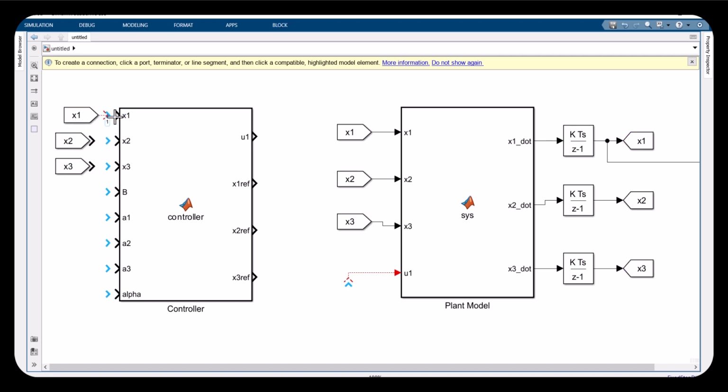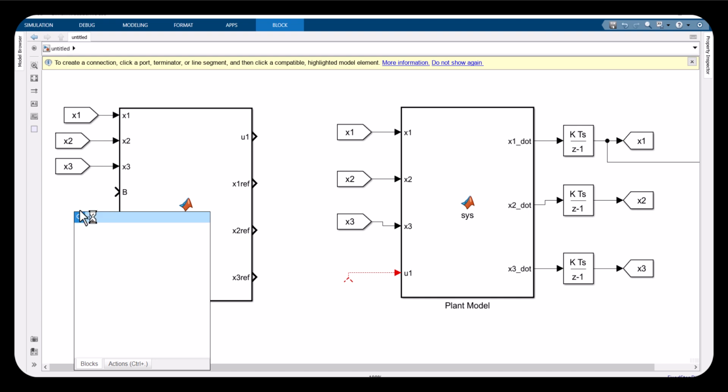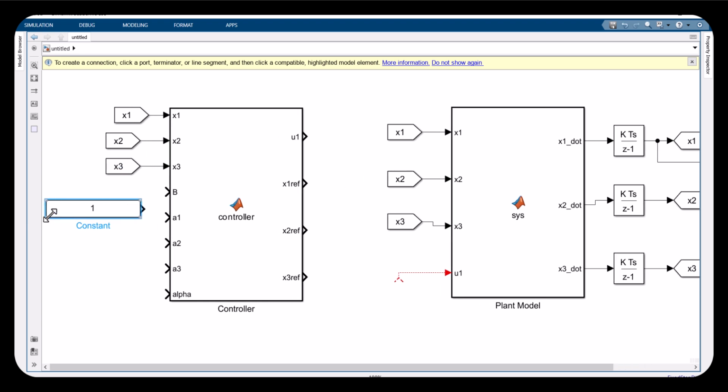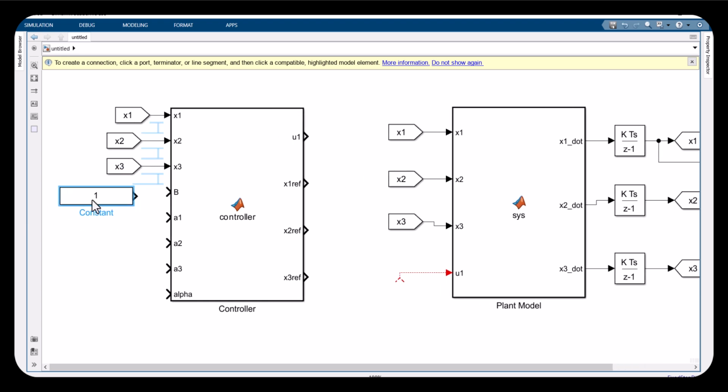Let's just connect these. At the moment we do not have any value for these. We don't know what they should be. So for now, let's just give the constant value one to beta and all of the rest.